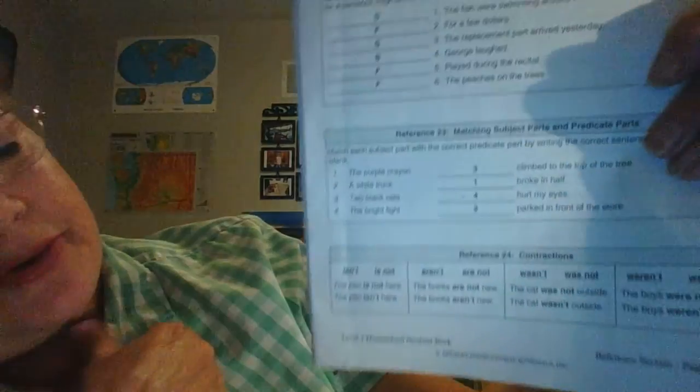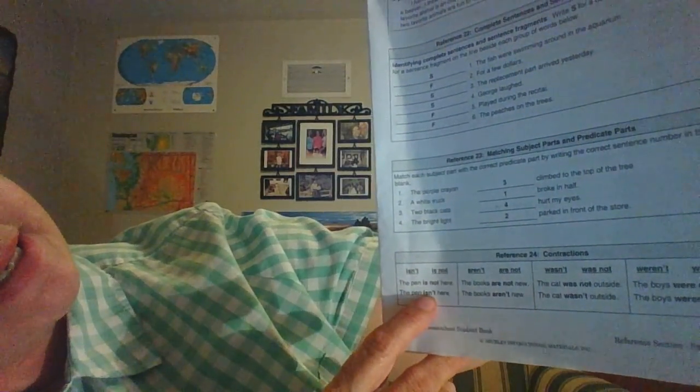Is not becomes isn't when you contract it, and isn't becomes is not when you separate it back into two words. And in their example sentence, they have, the pen is not here. The pen isn't here. See, they both mean exactly the same thing. All we're doing is slightly shortening the sentence.